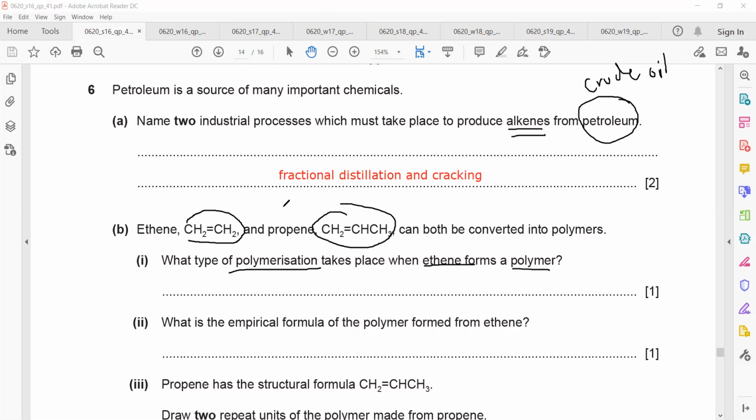We call that addition polymerization. Addition means, so this will result in the formation of an addition polymer. So that will be addition polymerization because only one product is formed.